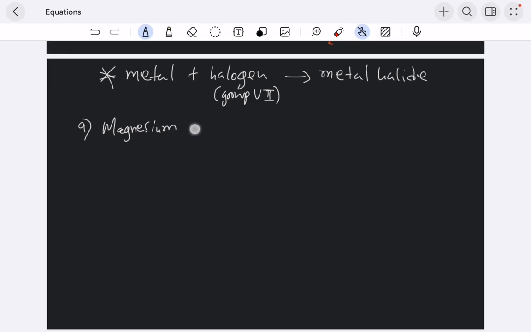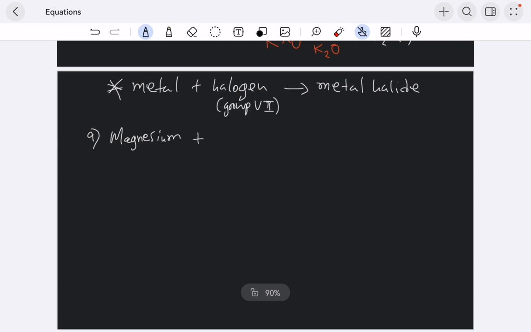Magnesium plus a halogen, so group 7, let's use fluorine. This will produce a metal halide, meaning magnesium fluoride. It's just the ending that changes to ide. So we're not going to say magnesium fluorine. It becomes magnesium fluoride, magnesium chloride, magnesium bromide, magnesium iodide.